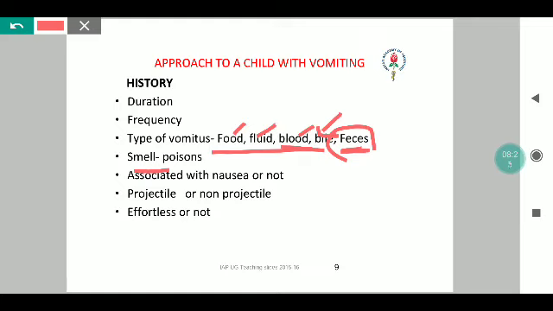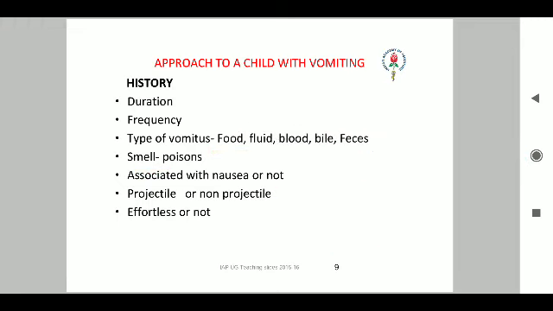And it is important to ask whether the complaint had a history of nausea or not, and whether it was projectile or non-projectile. Now, this becomes important to identify whether it is a CNS cause or not. So, to understand that, we should know the meaning of projectile or non-projectile.